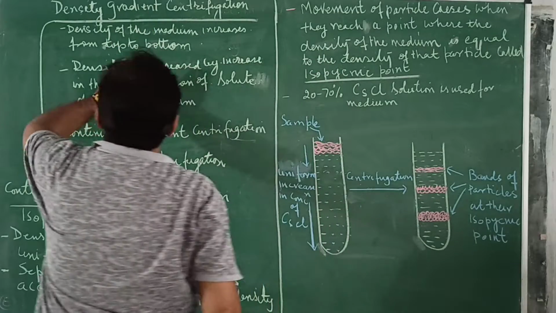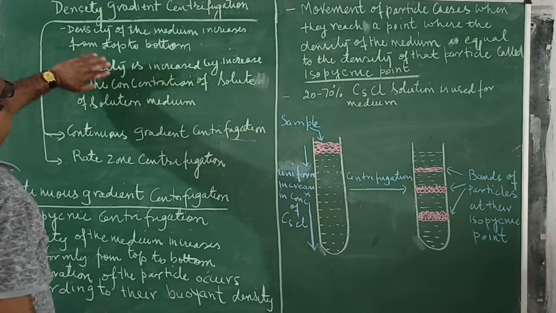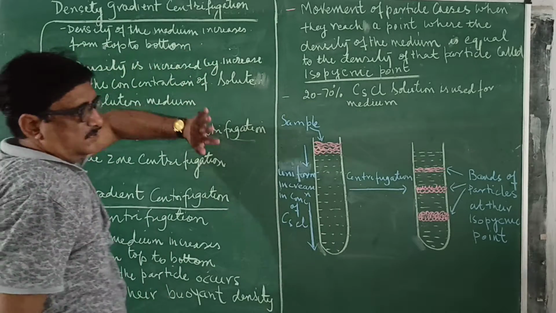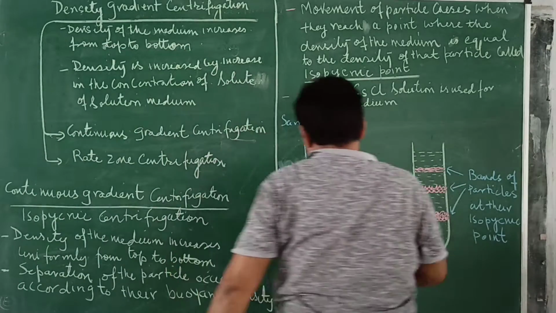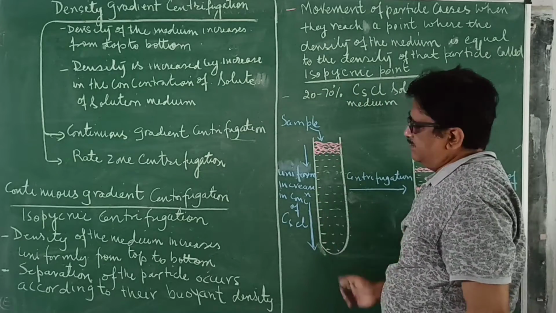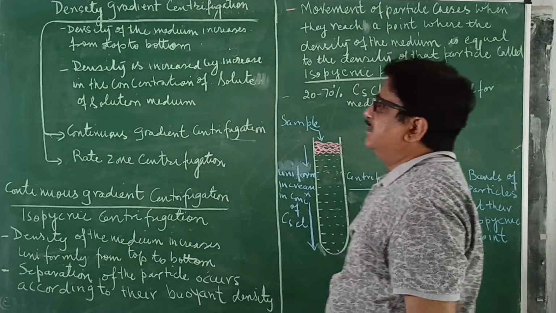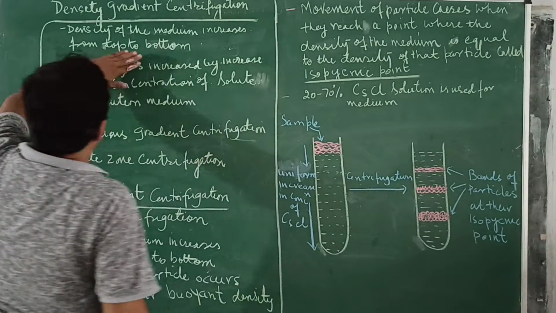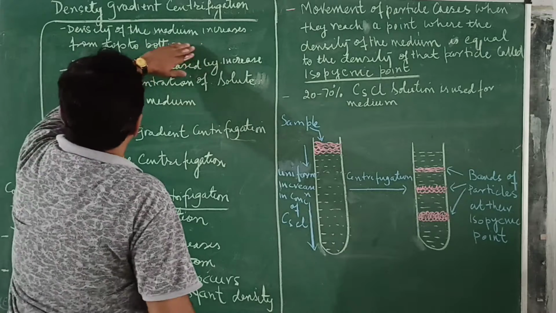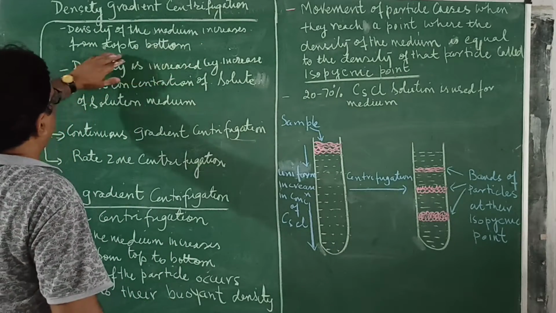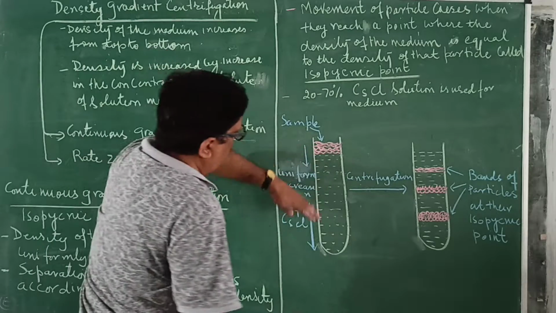In density gradient centrifugation, the density of the medium increases from top to bottom. Here the medium plays an important role in the centrifugation, and the density of the medium plays an important role. So that means the density of the medium increases from top to bottom.